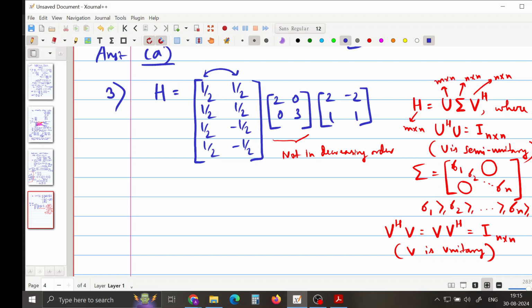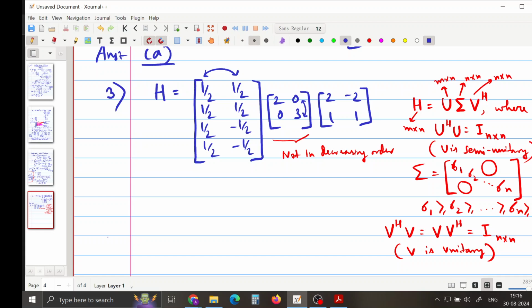And for the product to remain unchanged, since for this matrix I did a column swap, for its adjacent matrix I have to do a row swap. Then only the product will be the same. So I am multiplying a rectangular matrix with a diagonal matrix, and you can actually verify that this indeed will make sure that things are not changing.